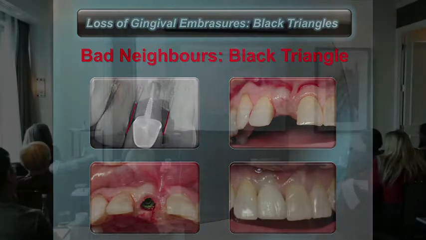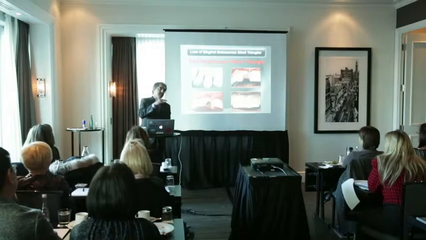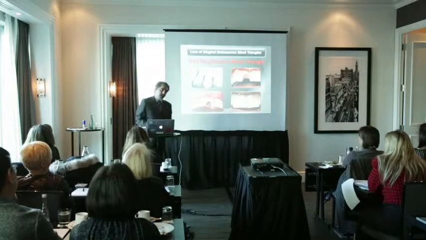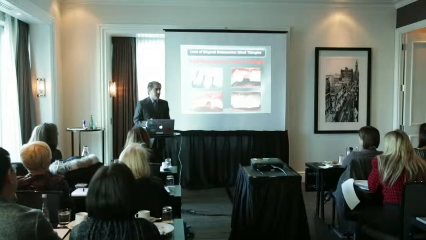Mostly, well, you have lost some bone, and now the distance from the crest of the bone to the contact of the adjacent teeth is going to be more than 5 millimeters in interproximal contact. It will be more than 5 millimeters, so you're going to have a difficult time to cover that.